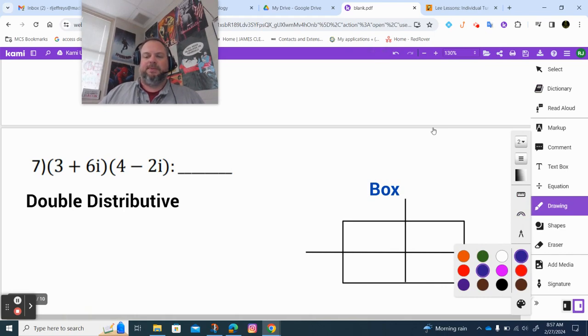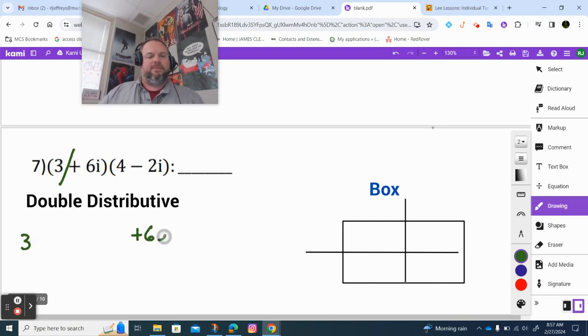So, setting it up for double distributive. How many of y'all did FOIL? How many of y'all know somebody that's taught them FOIL? She taught FOIL? Okay. Now, when I said we had two methods, these are the two methods I show.